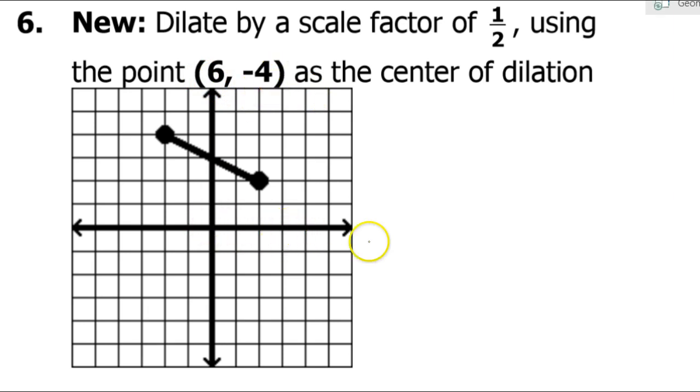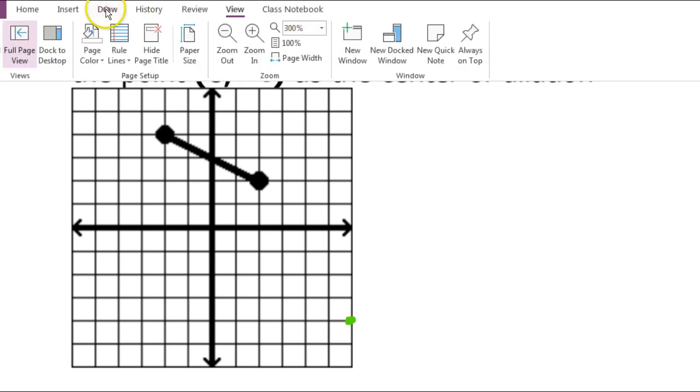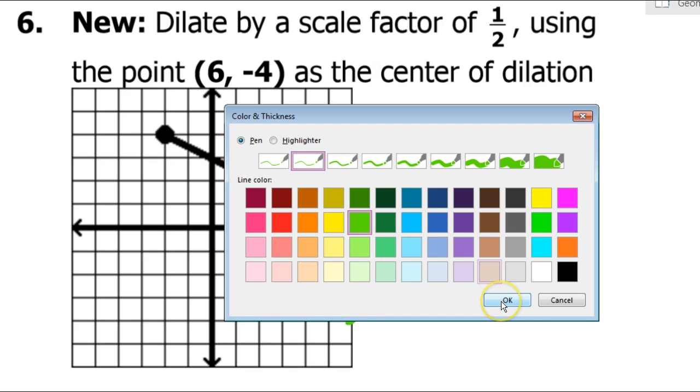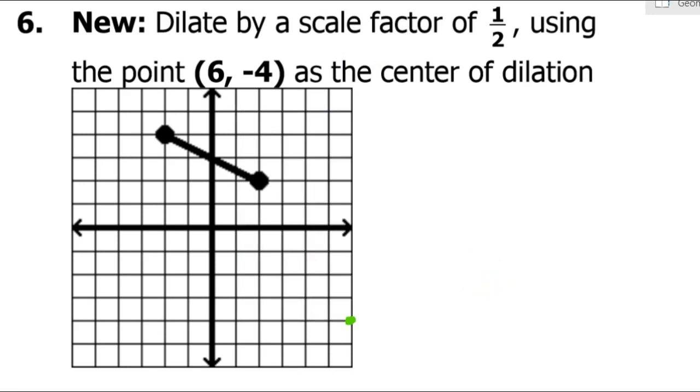So here's 6 comma negative 4, right here. Now, if this is the center of dilation, let's just pretend that this is the origin. So in that case, I'm going to have a new set of axes, like a new x and y axis. My new x-axis will be here, and my new y-axis will be here.